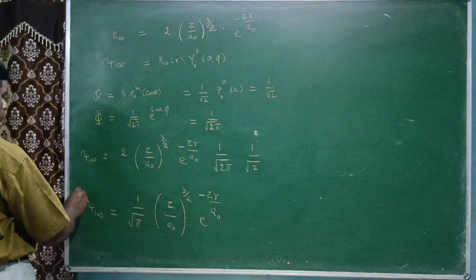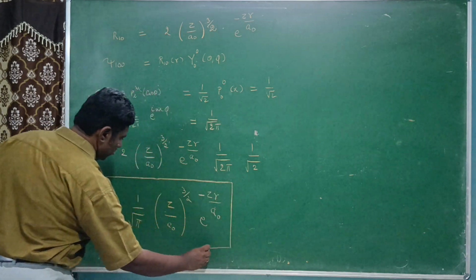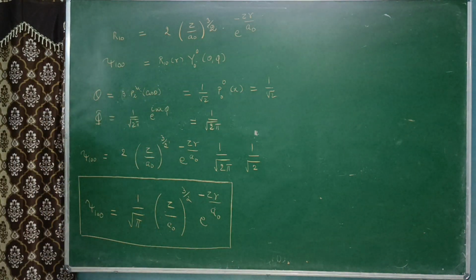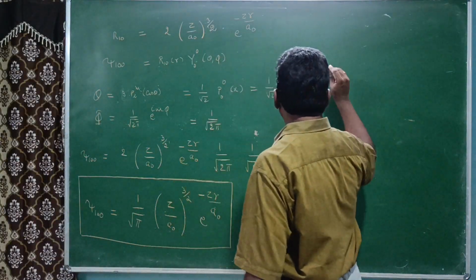This is the value of the ground state wave function. This is the value of psi 1 0 0. In the same manner, you may find out psi 2 0 0 and all the others.